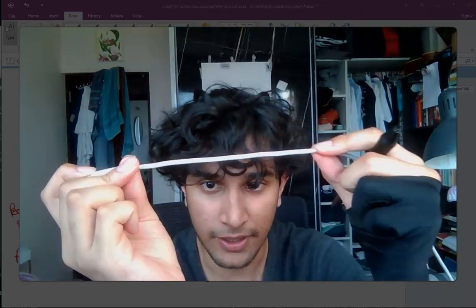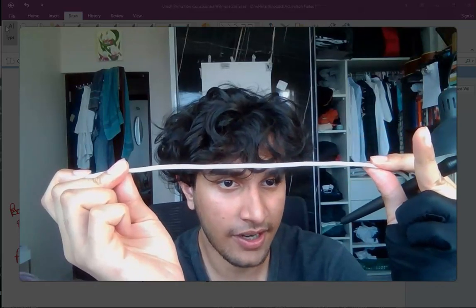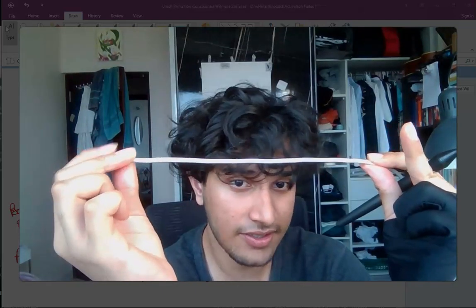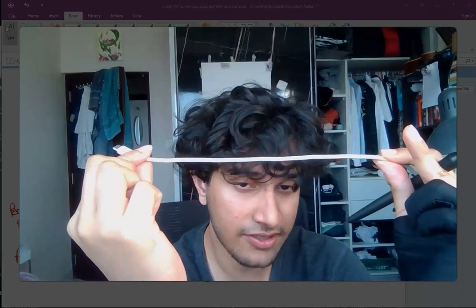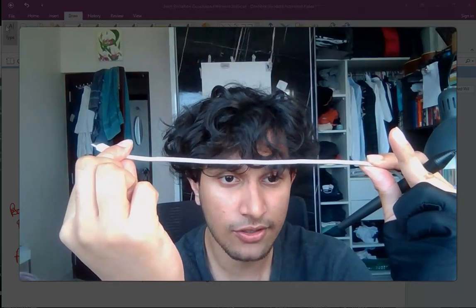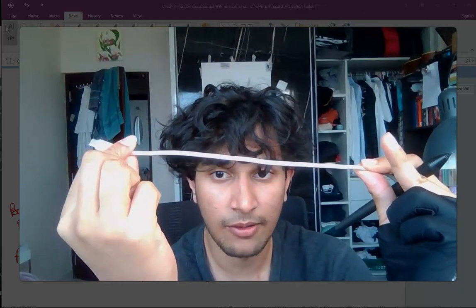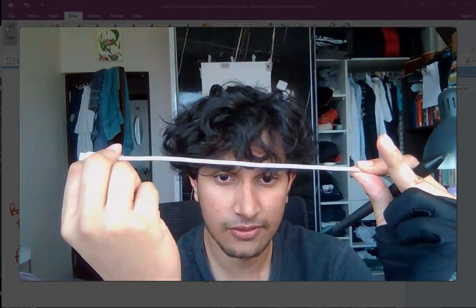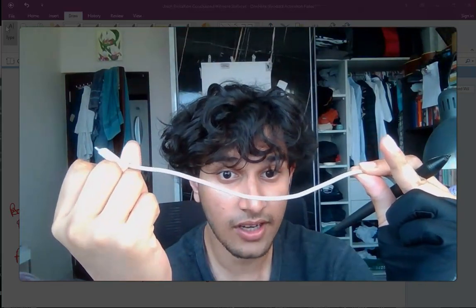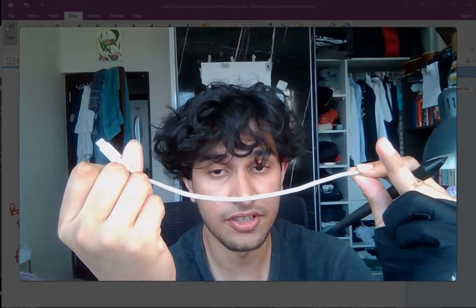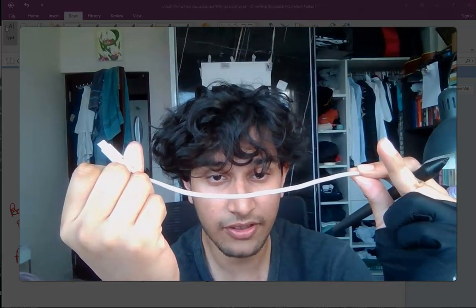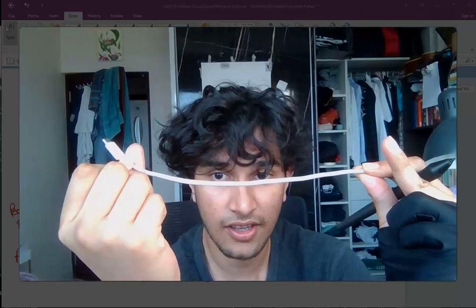So this is the pipe part, and let's assume this part has a face. This is one face and this is another face. So this is our first face, this is our end face. So now by twisting my end face, I start to introduce torsion. So torsion is the word for twisting energy.